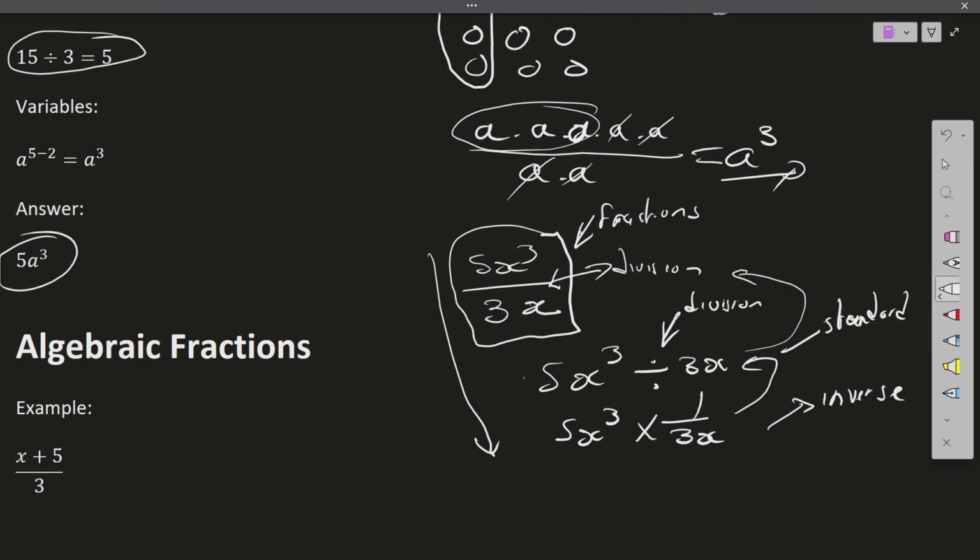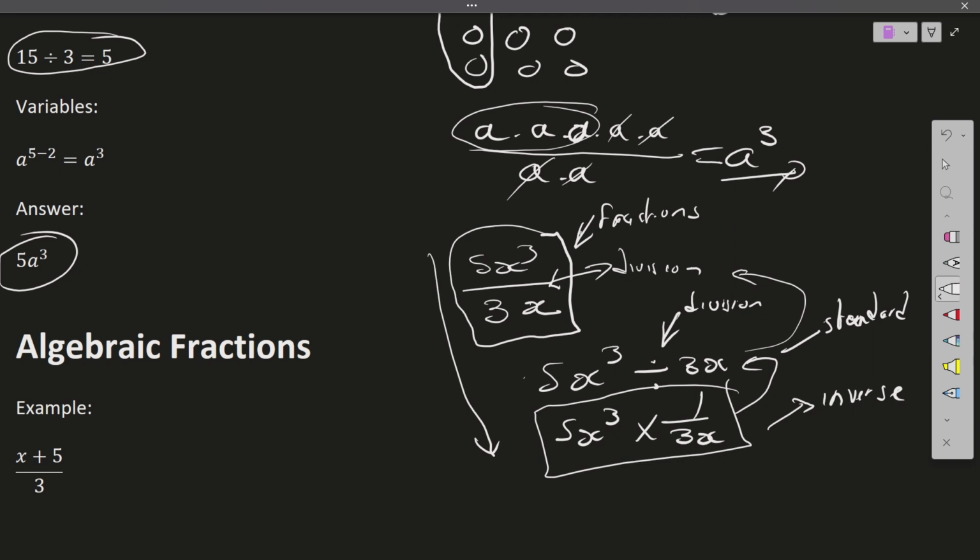And you can also get what is this called? I think it's percentages. Yes, percentages and decimals as well. You can get those. So let's just in this course focus on fractions and the standard form. We'll get into inverse when we are no longer doing the introduction to algebra.